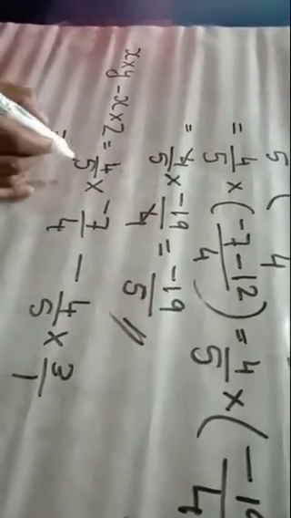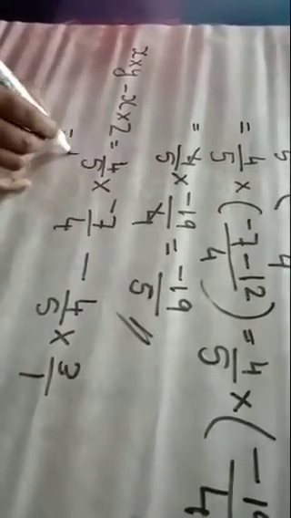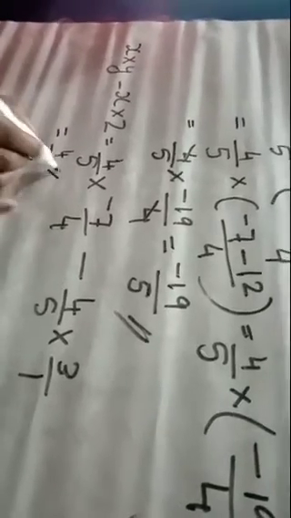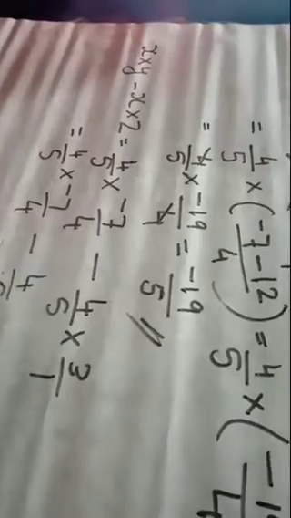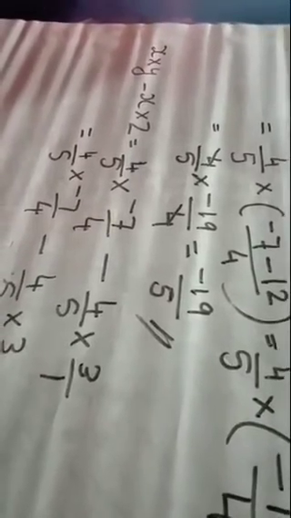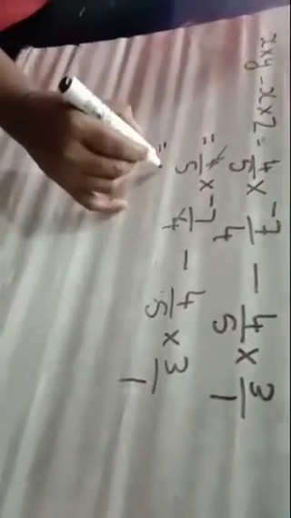Equal to, once again you write, 4 by 5 into negative 7 by 4 minus 4 by 5 into 3 by 1. This 4 and this 4 get cancelled. So 1 into negative 7 by 5 minus 4 threes are 12 by 5 ones are 5.